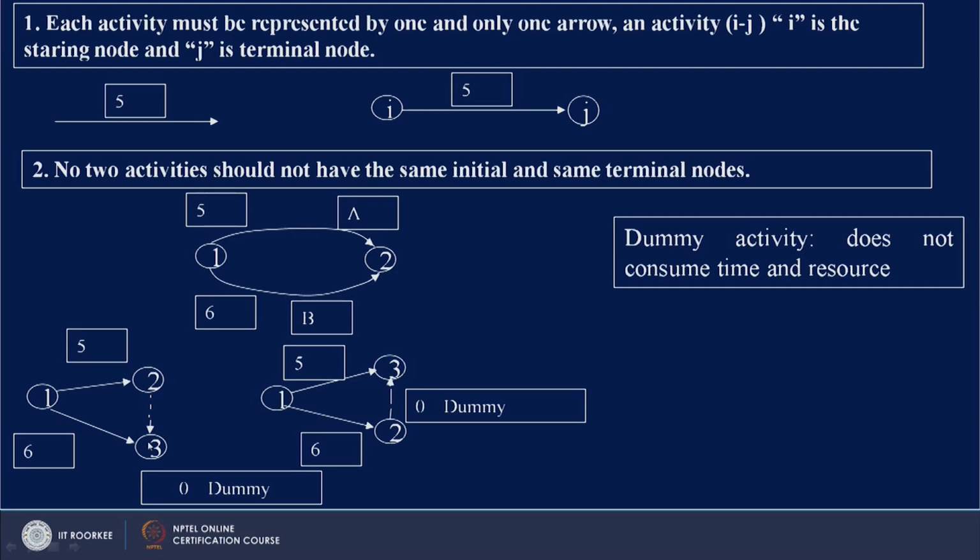Or you can prepare this network like this: you have 1 2 3, 1 2 and 2 3 is dummy. Just see that the duration of this dummy activity is 0. Other things will remain the same. So to avoid the same initial and terminal nodes, we use a dummy activity.